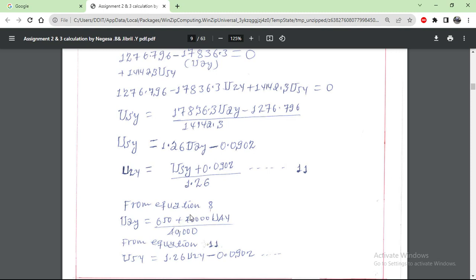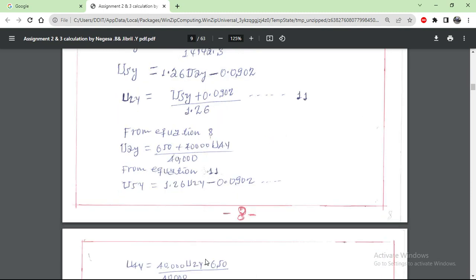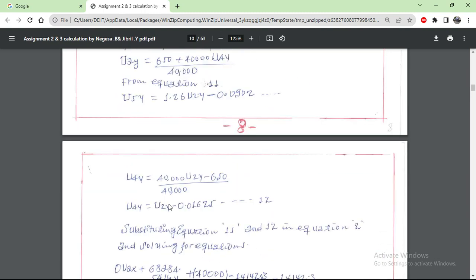Then we minimize this equation, and we get u5y equal to these results. Then from this one, u2y equal to this one.